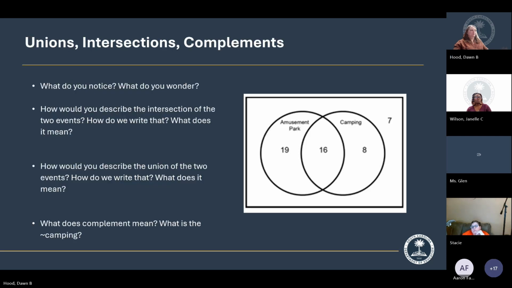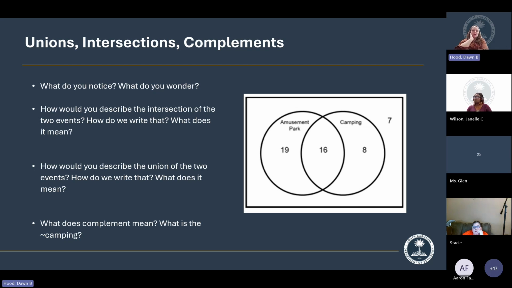So this one, I believe this one's from Math Nation. I didn't put it up there, but I'm pretty sure this one's from Math Nation. Let me set this up for you. A survey asked 50 students about vacation preferences. The results are summarized in the Venn diagram. All right.